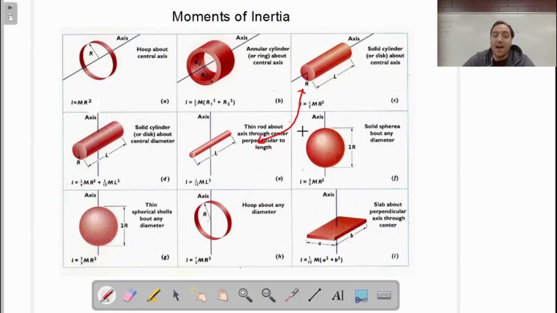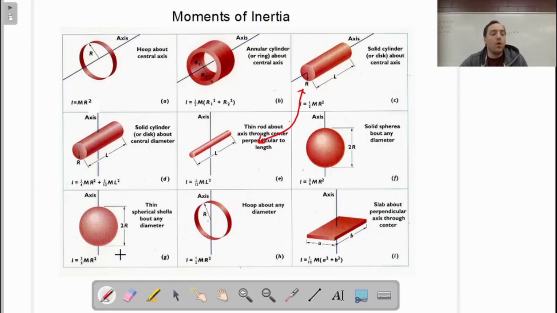This is 1/2, this is 1/12. Because rotating an object not around its central axis is a lot harder. Think about this tape. Rotating it this way, like so, is fairly easy. Getting it to rotate this way is a little harder, takes a little more work. And therefore, they'll have different moments of inertia.